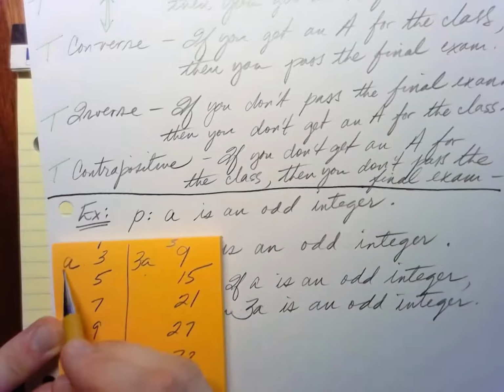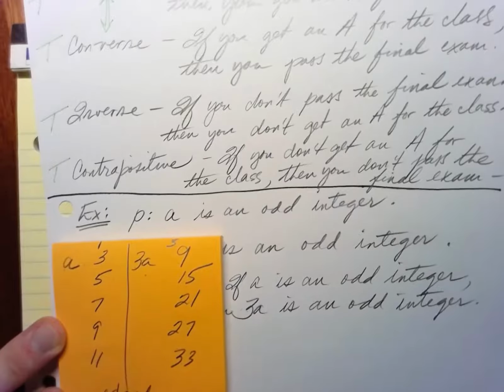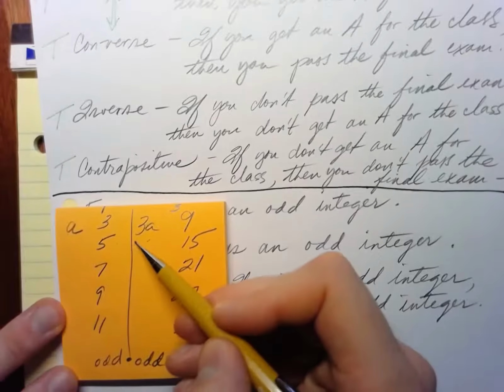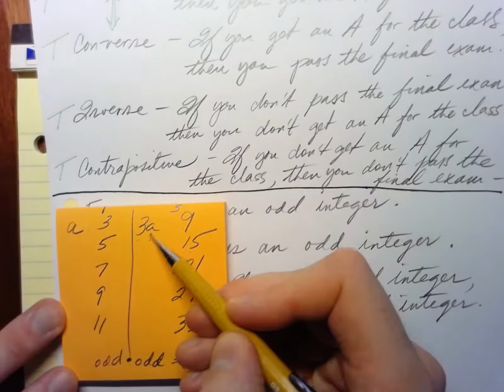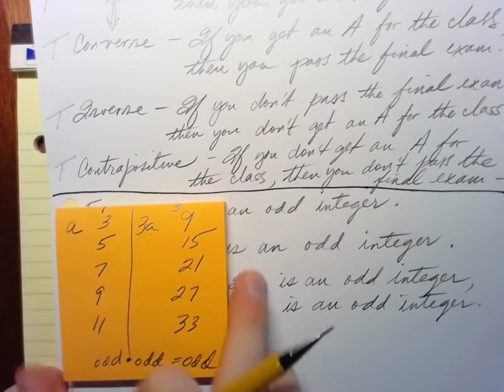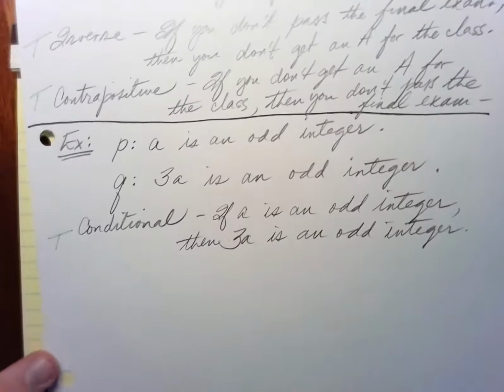But if A is odd and 3 is odd, looking at odd times odd equals odd, right? Odd times odd equals odd, because the 3 is odd and we've already said that the A is odd, so odd times odd has got to equal odd. And if you look at your multiplication table, you'll see that that is true. So this is in fact true. Okay.